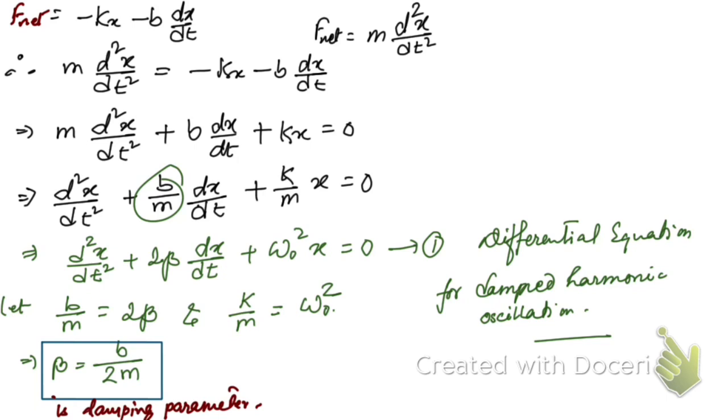Now you see, I'm going to solve this differential equation as we have learned in mathematical physics. In different books of classical mechanics, generally a solution of this kind of equation is assumed to be of a certain form, but I'm going to follow the method that we applied in mathematical physics.